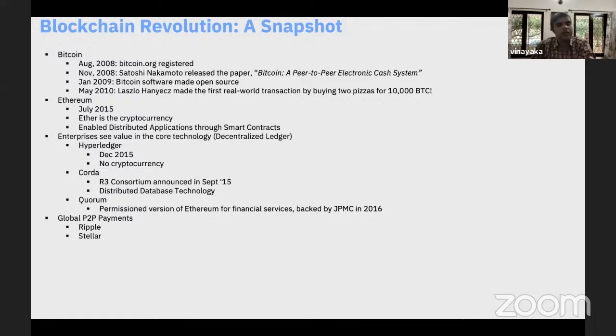No one really knows who the person is who actually released this particular piece of software. A paper was released and a software was released. There is an author name called Satoshi Nakamoto, but no one knows who this person is. And today it is the biggest so-called cryptocurrency in the world.